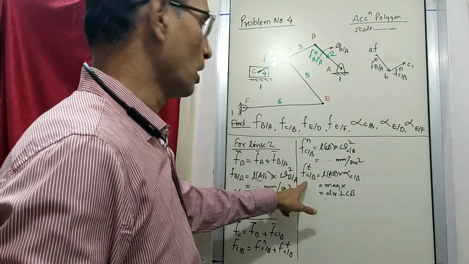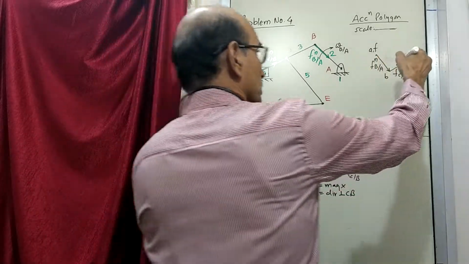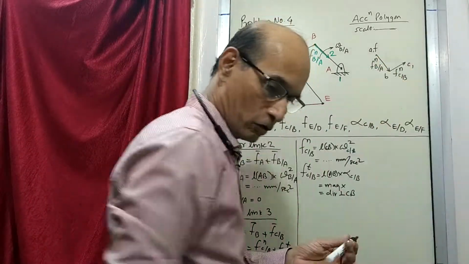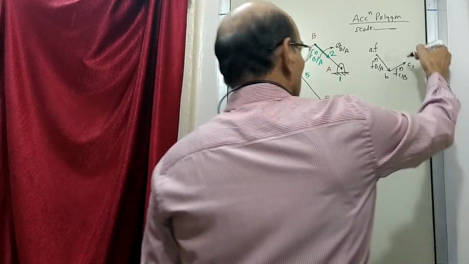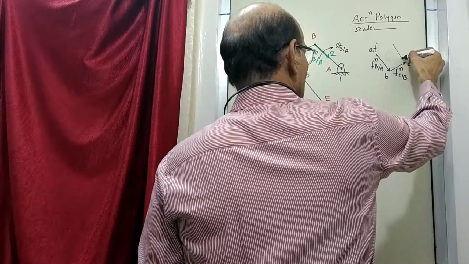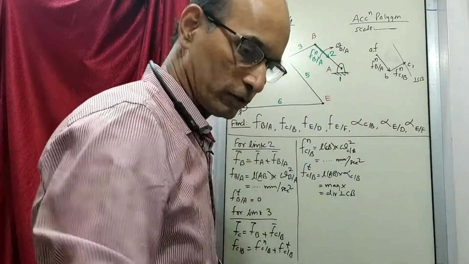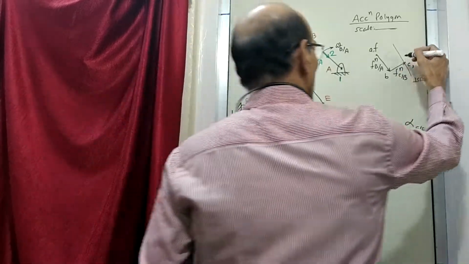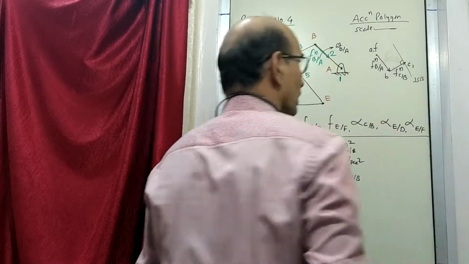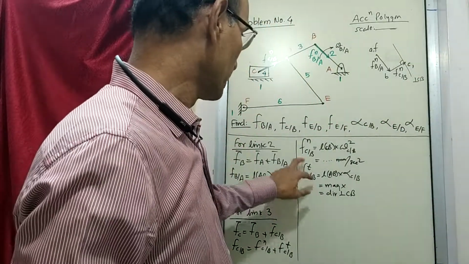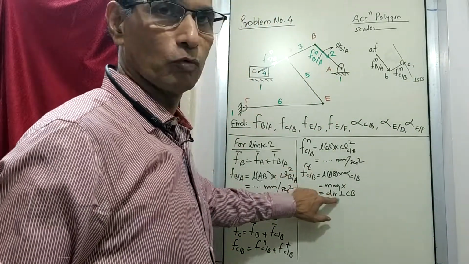Now the tangential component is perpendicular to this component. So I will draw this as a construction line perpendicular to CB for the tangential component and show this symbol of perpendicular line. So we have done this part to the extent we know.